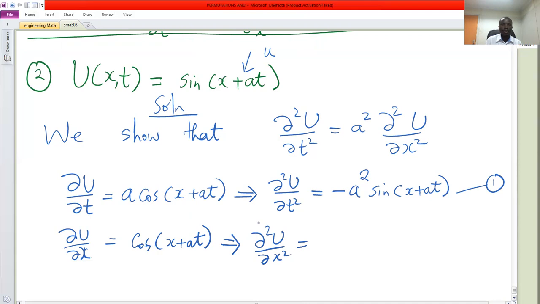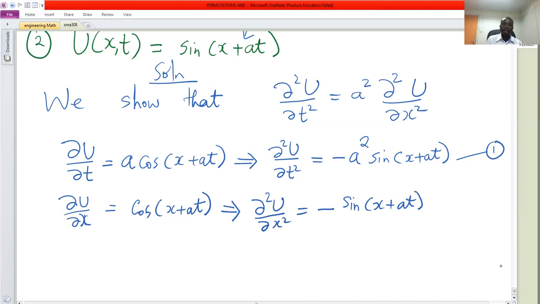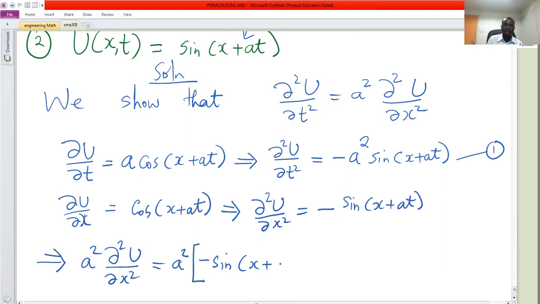When you differentiate a cos function, we have a negative sine function. Inside here, when you differentiate with respect to x, you get 1. So 1 times that one, you get minus sine (x plus at), which means that a squared partial squared u partial x squared is a squared into minus sine of (x plus at), which simplifies to minus a squared sine of (x plus at). Call this one equation 2.